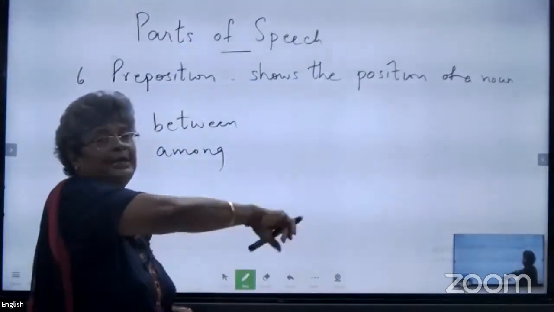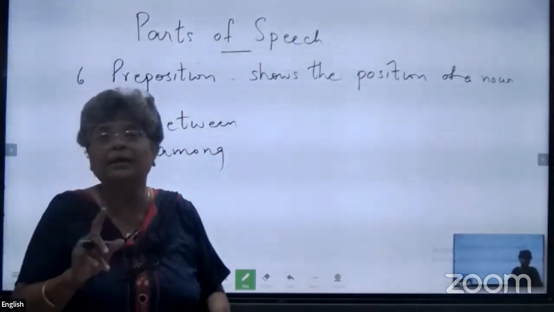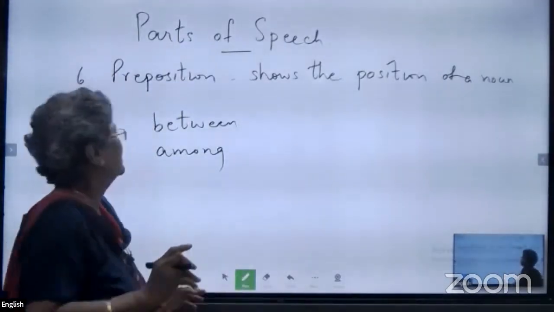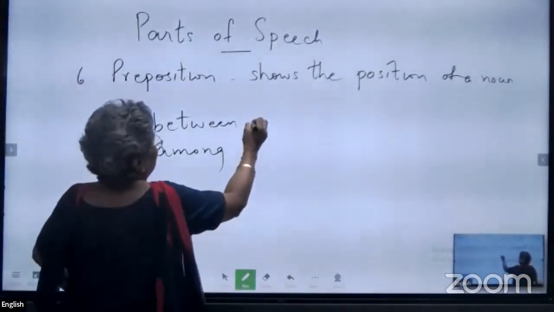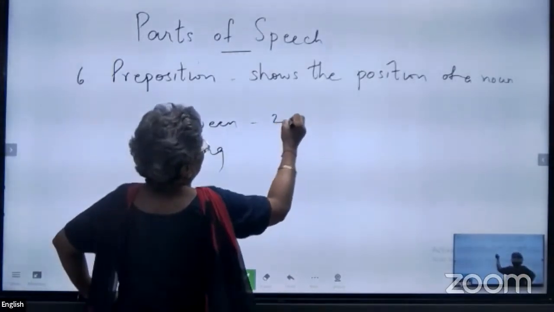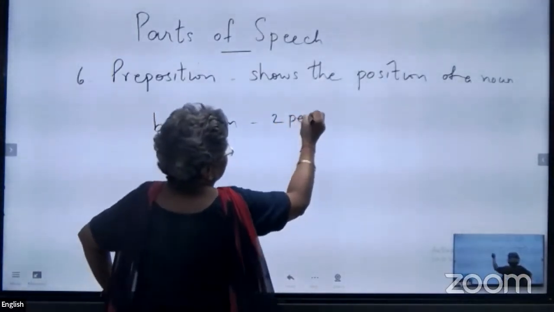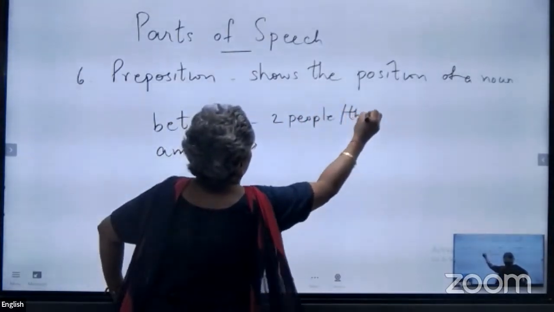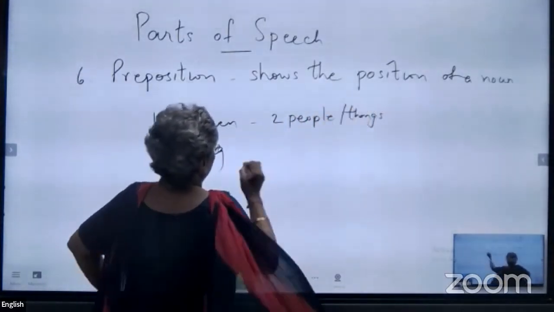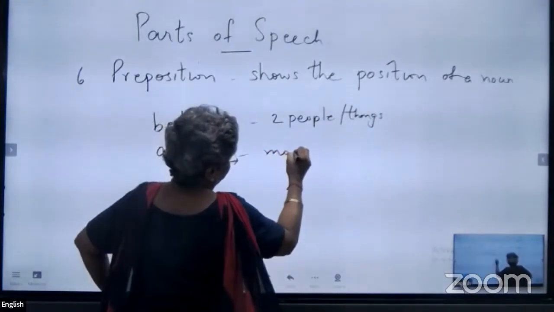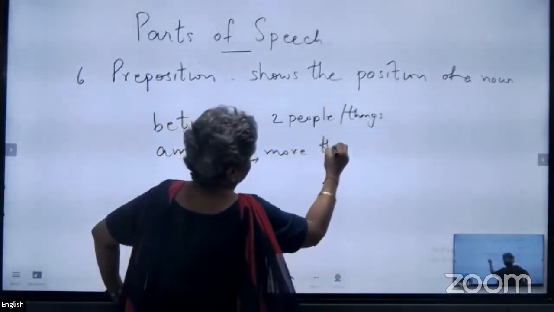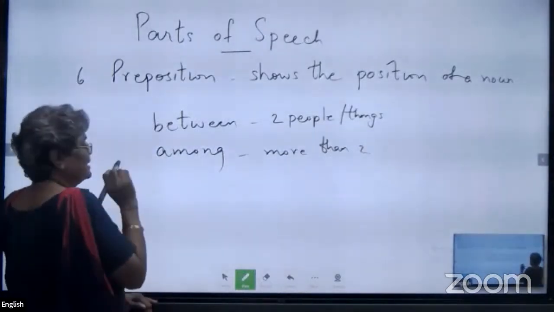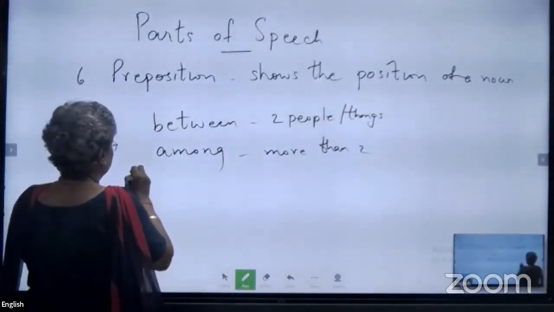Among. The sweets were distributed among the students. More than two, it is among. Otherwise, it is between two people or things. Okay. Now, I'll give you one example.